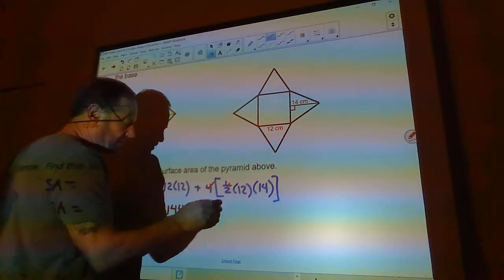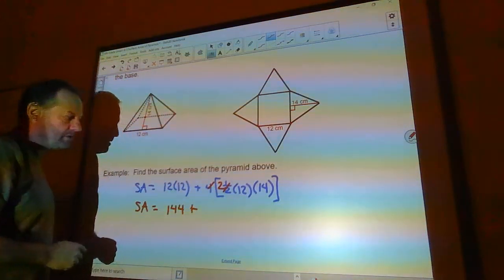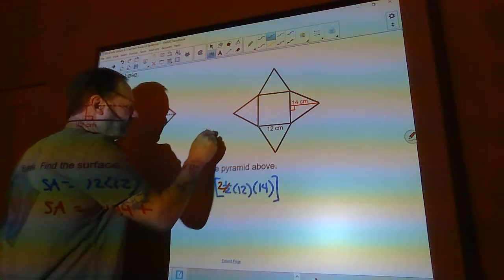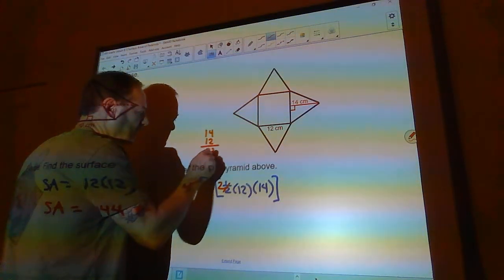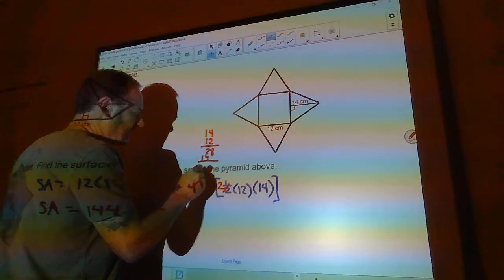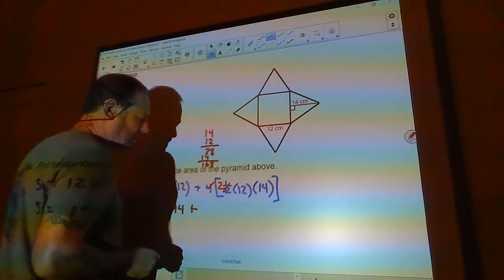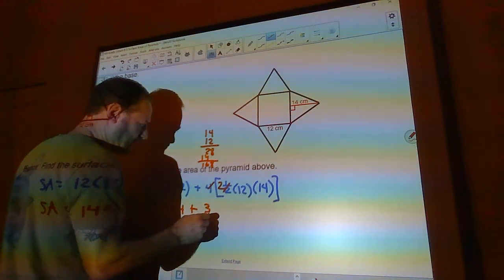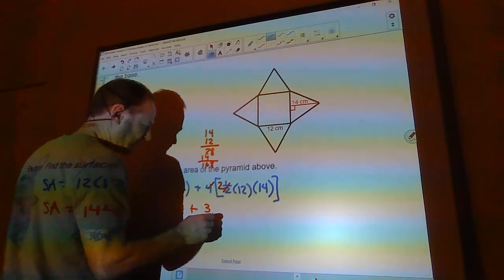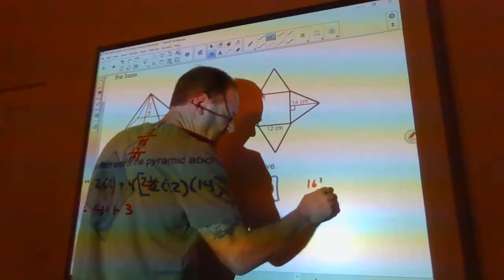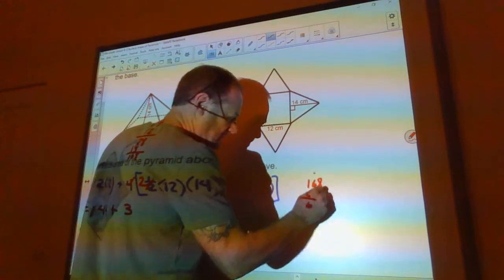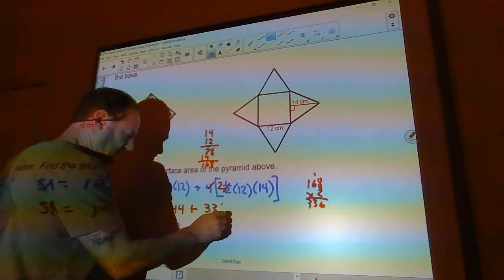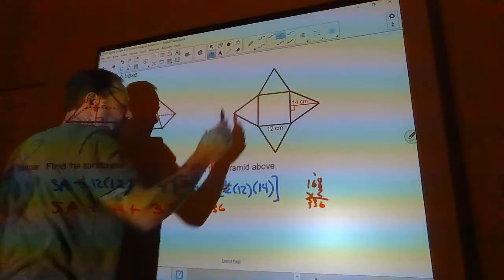Now the 4 and the 1/2 are going to cancel and leave a 2. So 14 times 12 is 168, times 2 is 336.